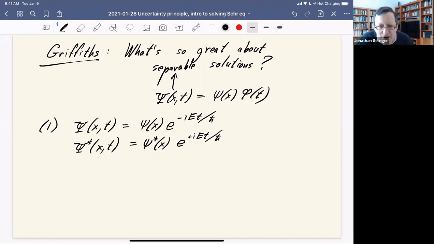Whoops, now I'm scared somebody's going to raise a hand and ask, how do you know E is real? Capital E is real, because what I just did is assuming that capital E is real. Well, it is. I'll prove it later. It is real. I'll prove it coming up. Okay. So supposing that's true, now, what about the probability density?